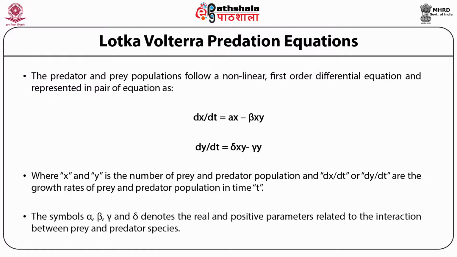The symbols alpha, beta, gamma and delta denote real and positive parameters related to the interaction between prey and predator species.